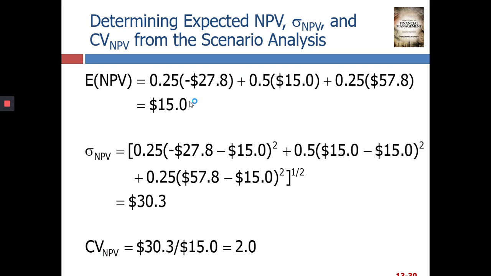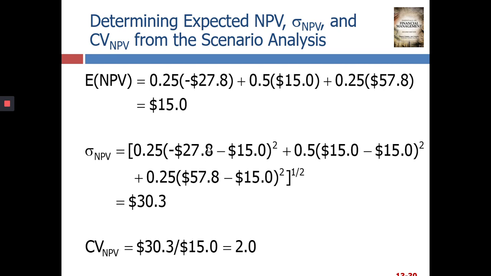Expected return. It could be from a percentage. Right, so this is the same method. Probability times return, add up all together, you get expected return. So expected NPV equals 15, and then your NPV return minus expected return, the whole thing squared, times the probability.